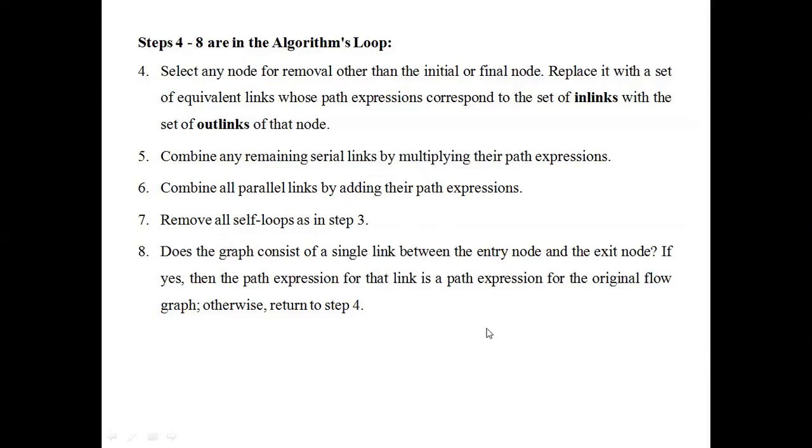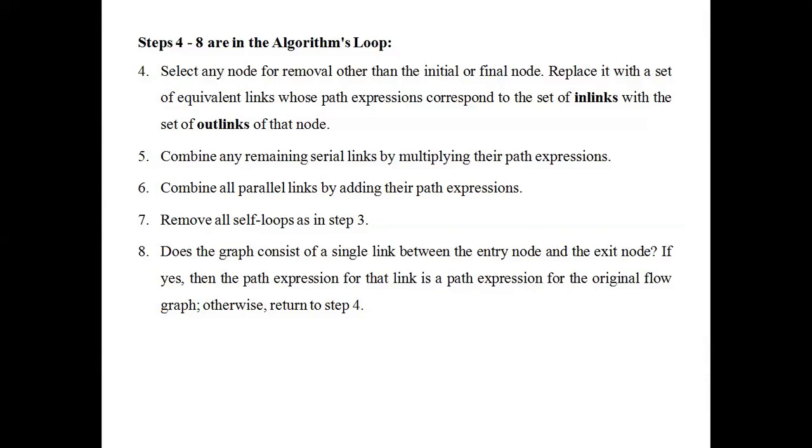Generally, the entry and exit point will have only a single incoming link or single outgoing link. When this type of node arises, the path expression of that link is set to the original link. That is the last process. Then the starting process will be started again if a removal node is present. So this removing of nodes will be done repeatedly until all nodes are removed.